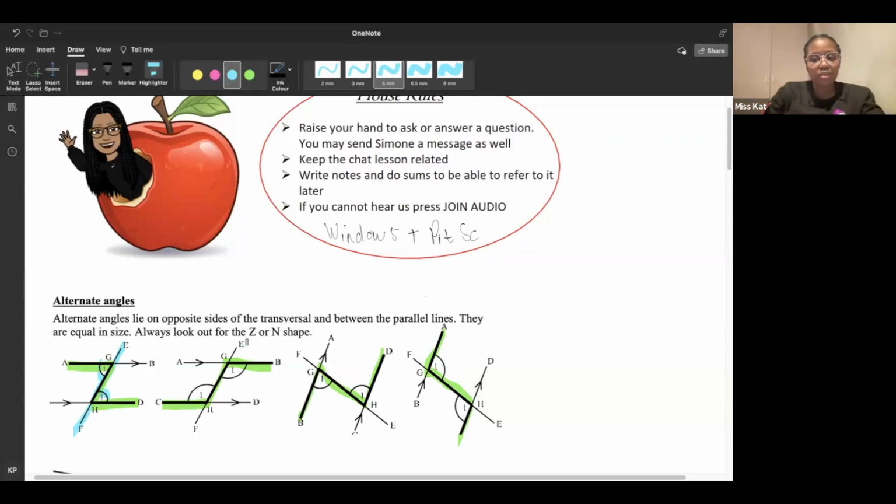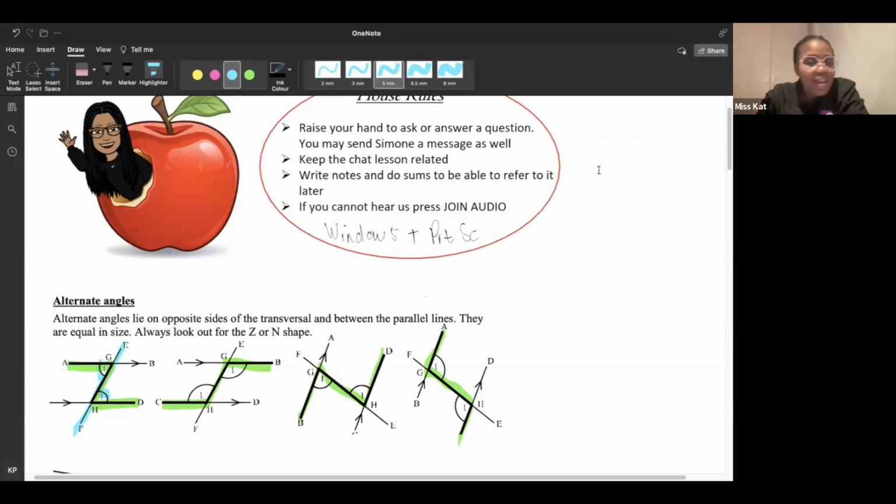The one has to be on the left and the other on the right. But they are both on the inside of the parallel lines. They are between the parallel lines. So if you identify those and it makes an N or a Z or an S or whatever, those would be alternate angles and they are equal.